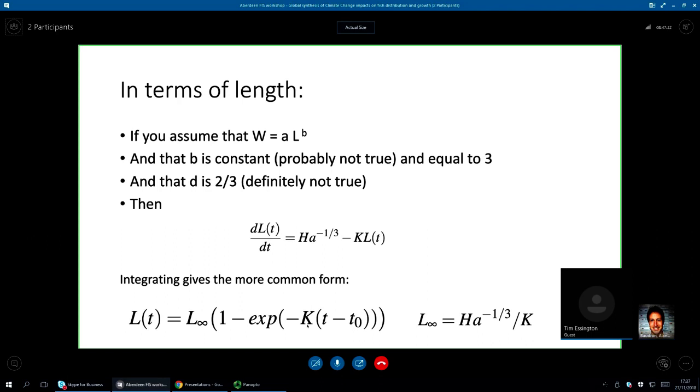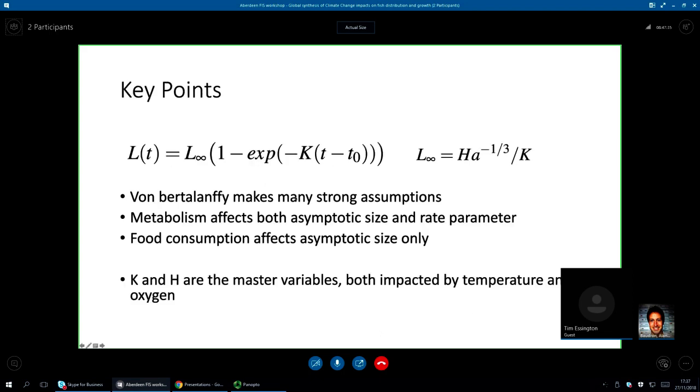So the consumption rate doesn't have any bearing on that whatsoever. The asymptotic size is a combination of all those processes together in ways that are fairly predictable. So I probably should put this up first. So metabolism affects both asymptotic size and the rate parameter. So when there are changes in metabolism, we anticipate affecting both things like L infinity and K.